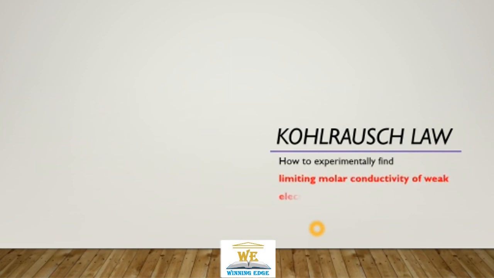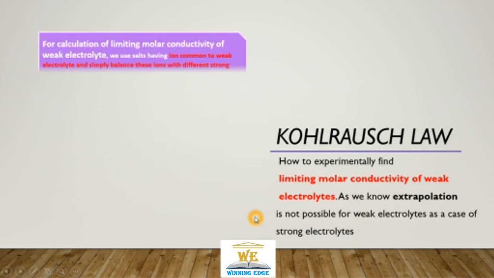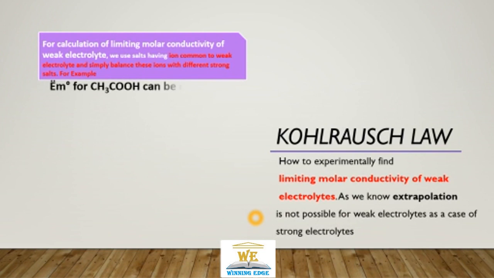Now we see the application. We just saw in that molar conductivity versus square root of concentration plot, for weak electrolytes, extrapolation is not possible like for strong electrolytes, because it was linear for strong electrolytes but asymptotic for weak electrolytes.